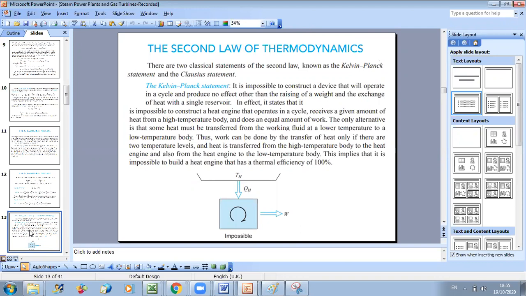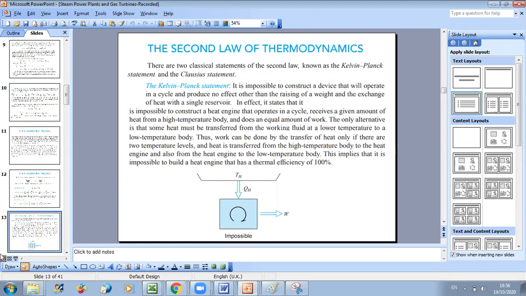The Kelvin-Planck statement says that it is impossible to construct a device that will operate in a cycle and produce no effect other than the raising of a weight and the exchange of heat with a single reservoir. It might seem a little complicated, but it is a simple statement.